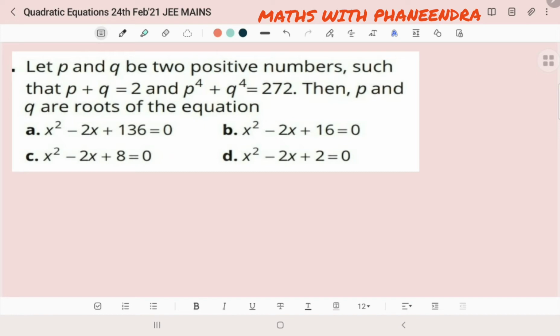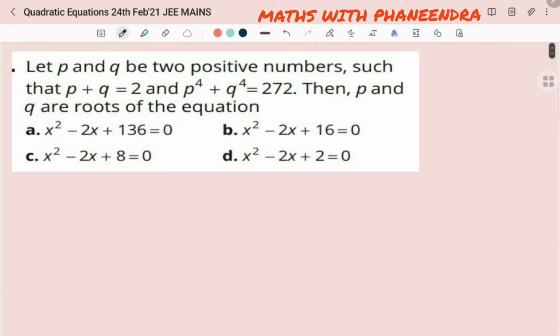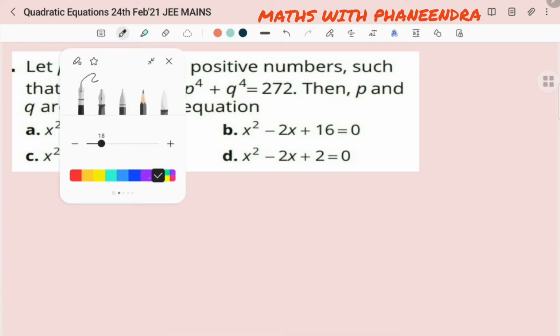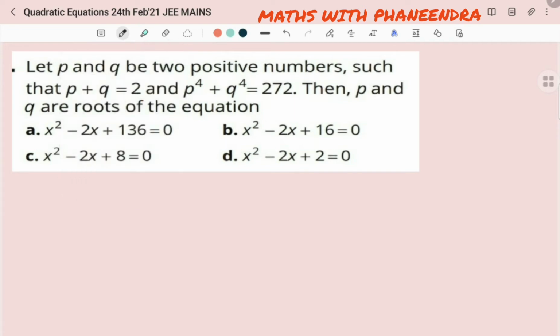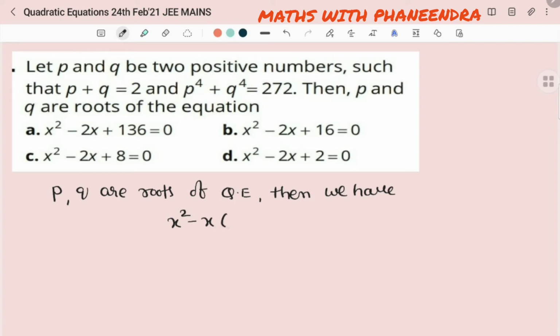So whenever P, Q are roots of a quadratic equation, then we have x square minus x into (alpha plus beta, that means P plus Q) plus alpha into beta, that means P into Q, equal to 0.